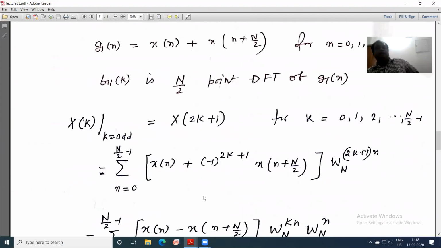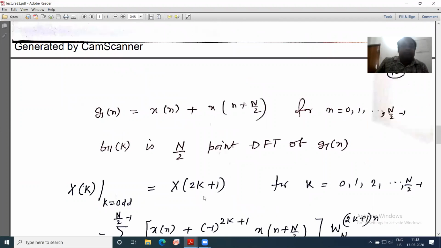So what we have done so far, we are having less than 4 minutes, but before that I would like to conclude the whole thing. In this particular algorithm, I am trying to decompose x of k, or decimate x of k, into lower order DFTs using the discrete frequency domain.